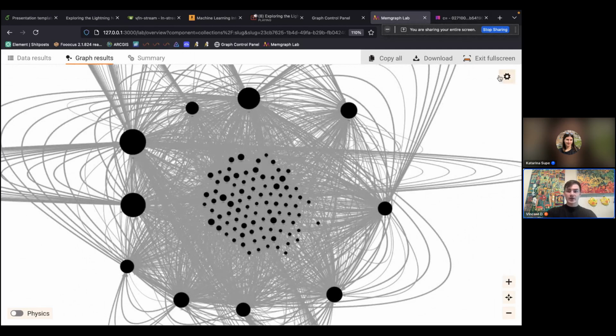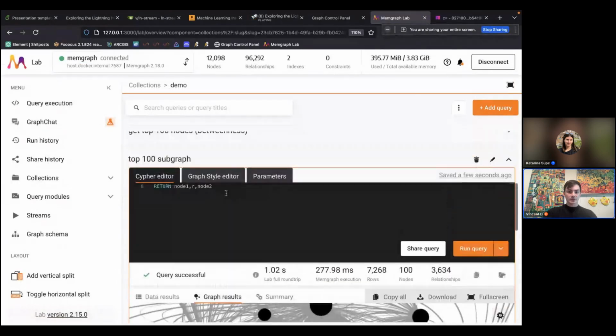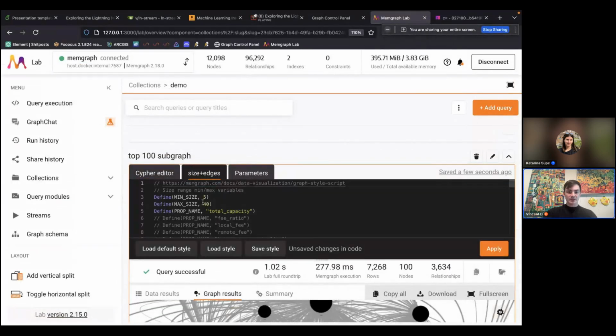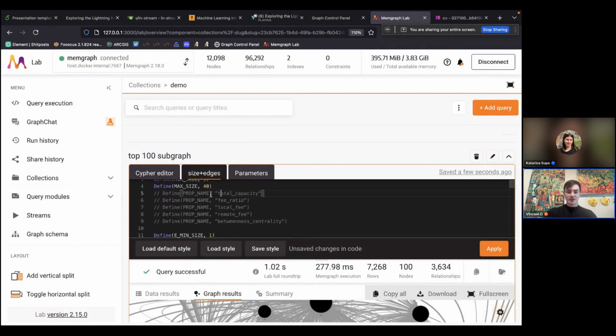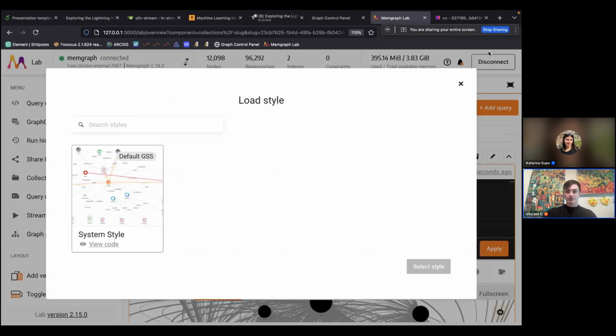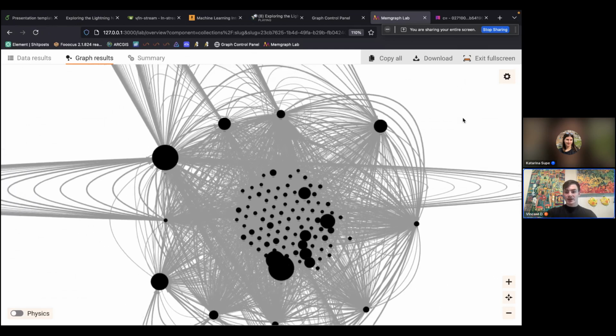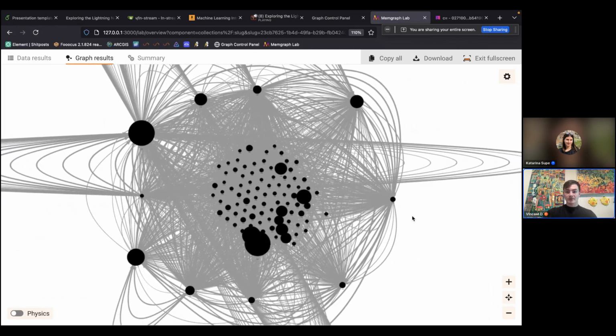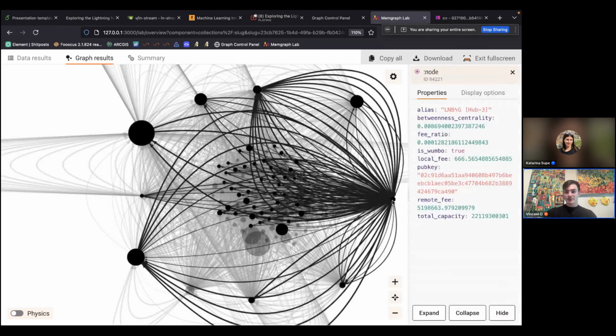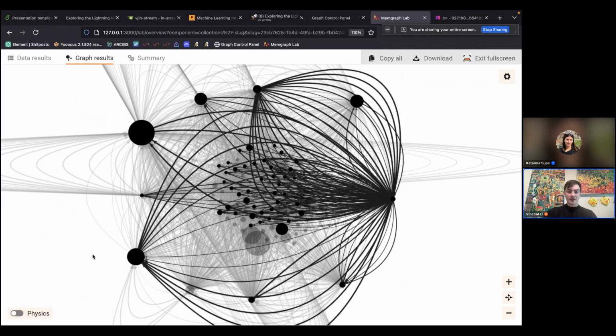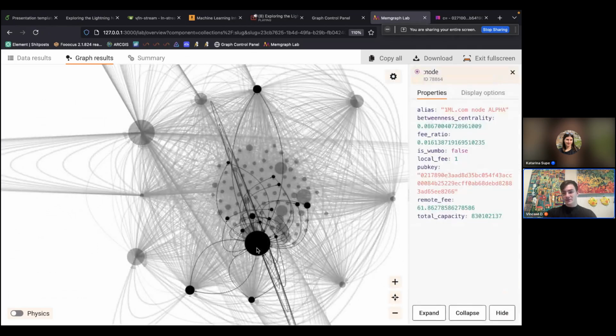But if we try a different style, this current style is based on total capacity, but if we instead base their size off of their betweenness centrality, those same nodes that I pulled out, some of them have high total capacity, but they have a really small betweenness centrality. Whereas there's some that have a small capacity, but a really high betweenness centrality.